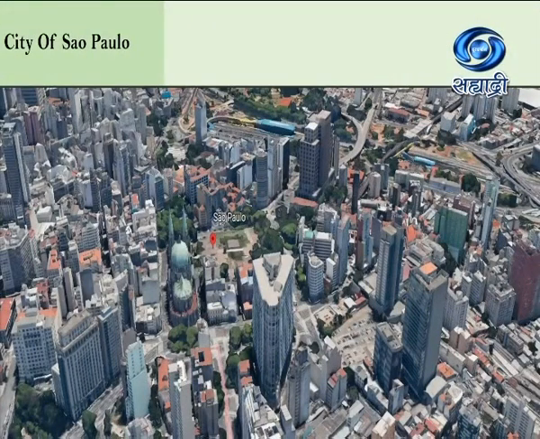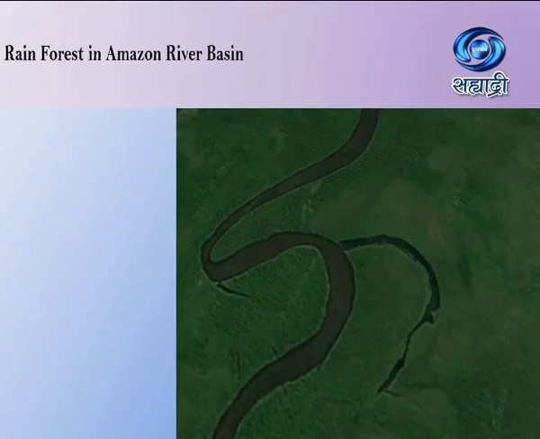Here's a picture of the city of Sao Paulo, a very densely situated area. Just like New York, New Delhi and other crowded cities, this is also one of the most crowded cities in Brazil, and it has nucleated settlements. The picture shows you the same.